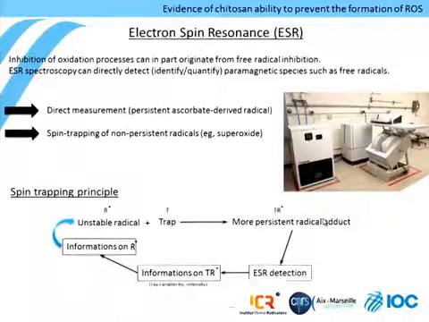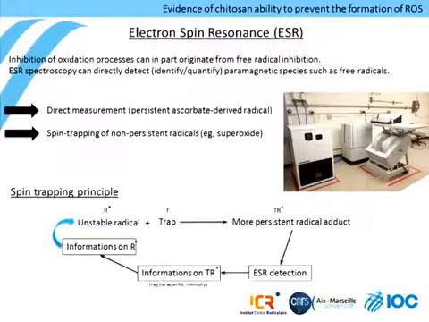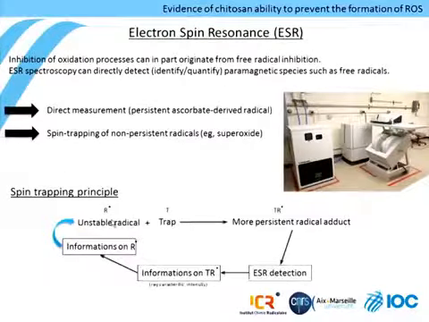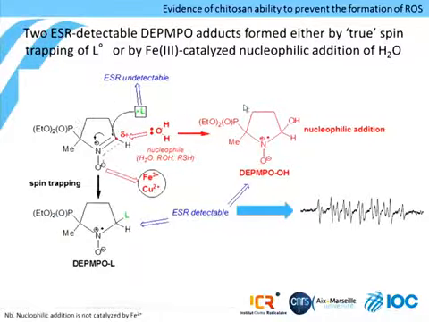Here we see the principle of spin trapping. The radical is trapped and a persistent radical is formed, and this can be detected with the spectroscopy. We have therefore this spectrum, which provides us with information on the type of radical that was formed, and also additional information on the base radical. Our trap is depicted here.